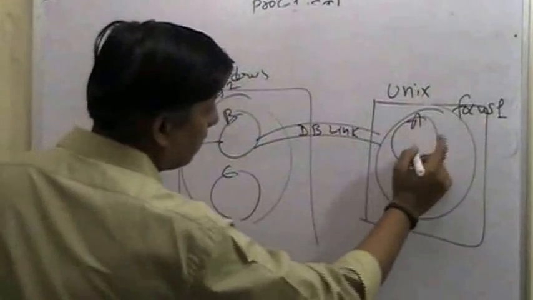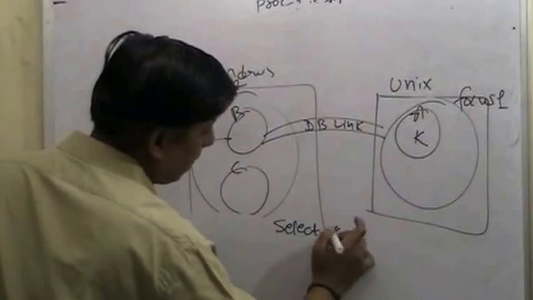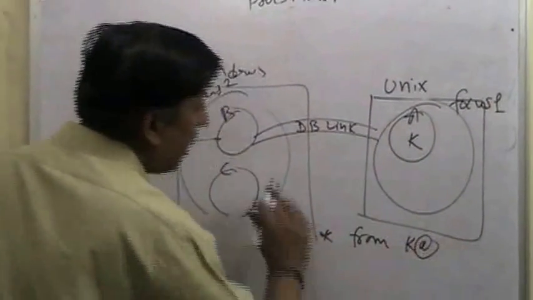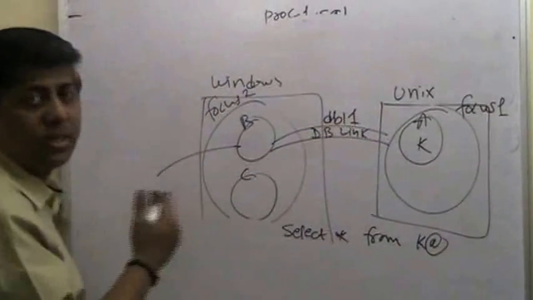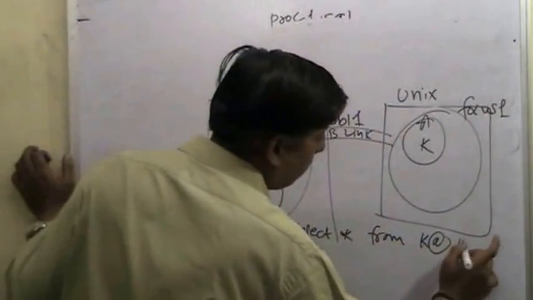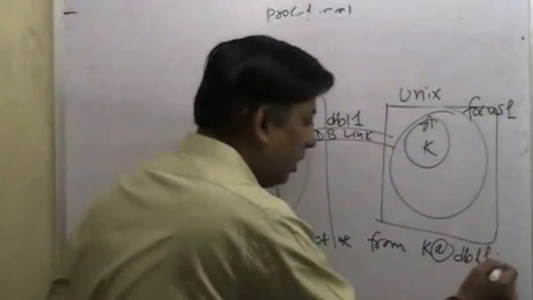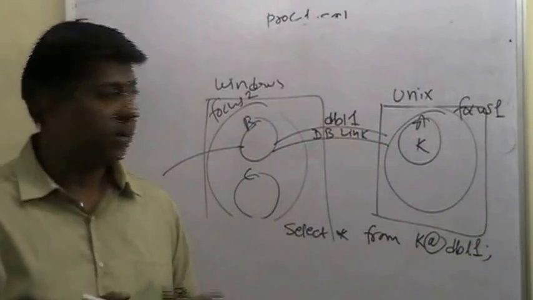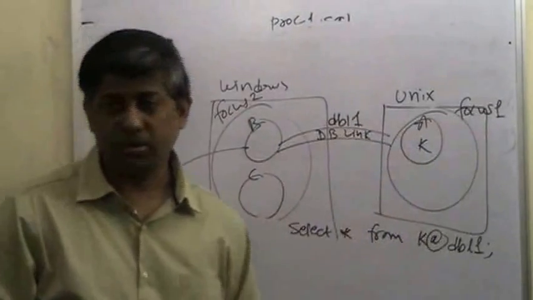Let us say the name of the table is K and I am logged in as B. I would say select star from K, the @ sign, and the name of the DB link, let us say DBL1, and a semicolon. You are logged in here, but you are now looking at the data in a different schema in a different database.